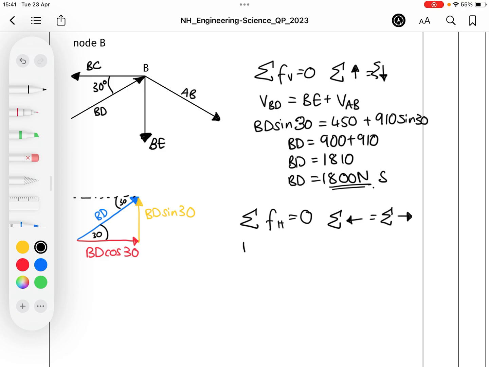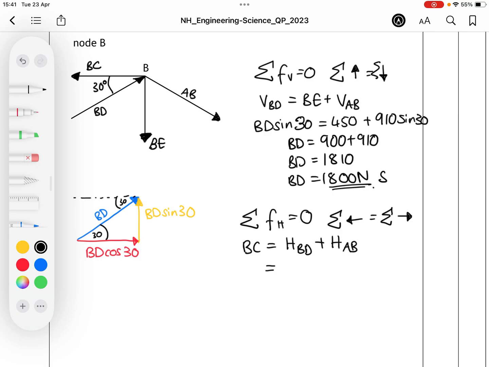So that says that BC then has to be equal to the horizontal component of BD added to the horizontal component of AB. I'm ignoring BE because it's only vertical, and that was the same earlier when I was looking at the vertical components. There's no vertical component of BC, so that's why I ignored it.